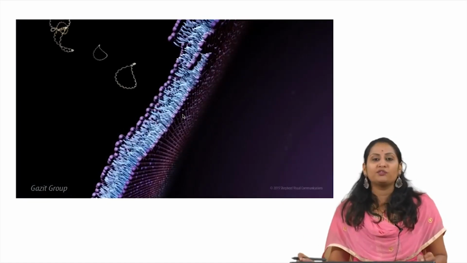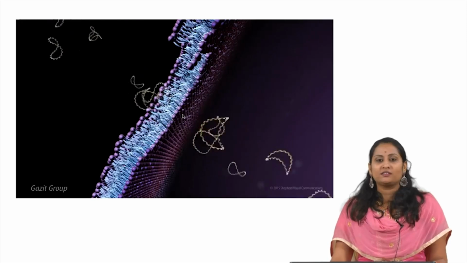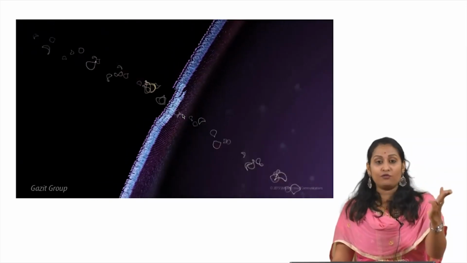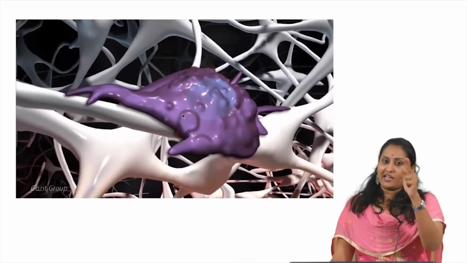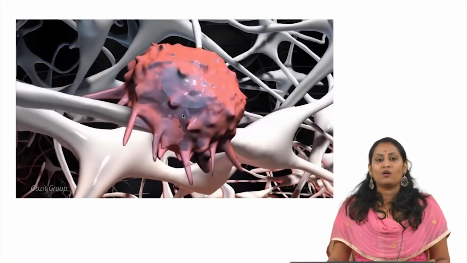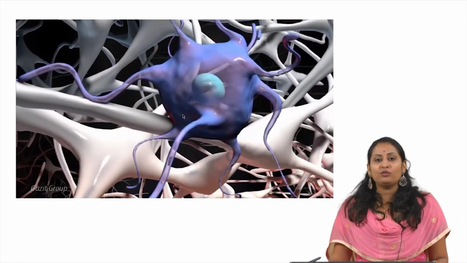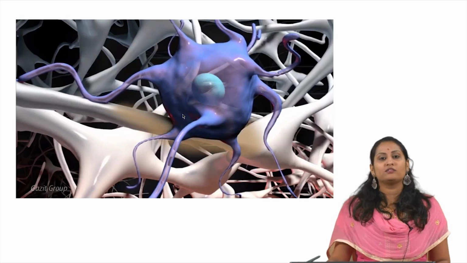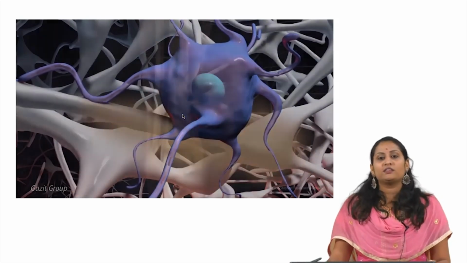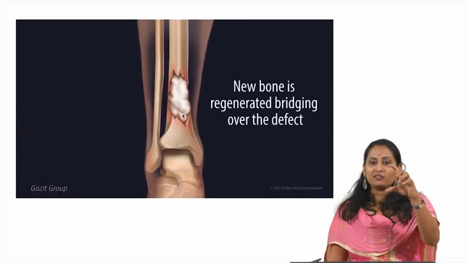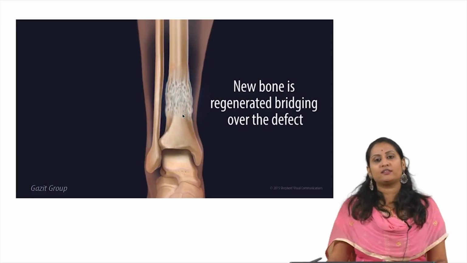See how beautiful this approach is, where they have scaffold, cells and growth factors, all three combined together and used for the repair and regeneration of that big bone defect.